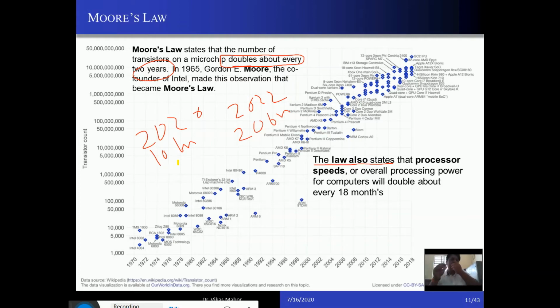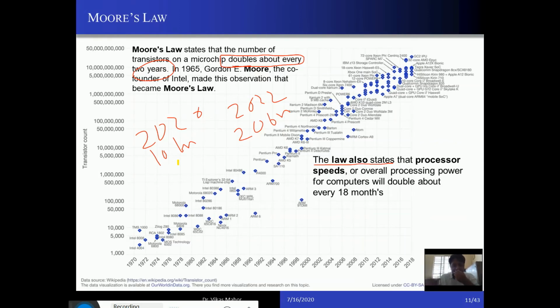It is able to execute 2 into 10 to the power 6 instructions in a single second. That is 2 GHz. Fine. So from that time till i5 and i7, which have a speed of 3 GHz, that means you are able to execute 3 into 10 to the power 6 instructions in a single second. So that is how the speed of your processors has been increasing.